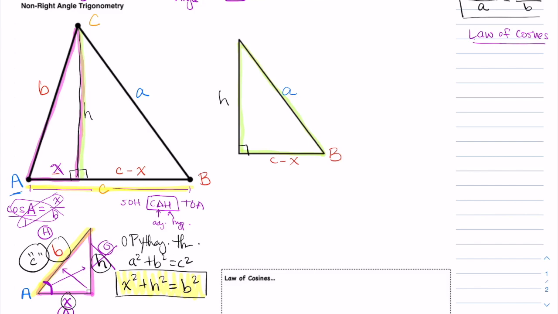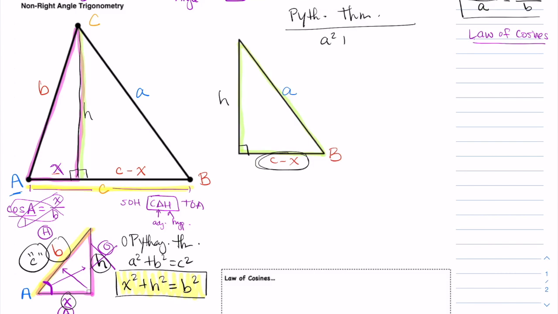Okay. Now we come to the bigger triangle. And again, we're going to use our friend, the Pythagorean theorem. And this one's going to be a little bit more complicated just because this side is a little bit interesting, the c minus x, but we can do it.